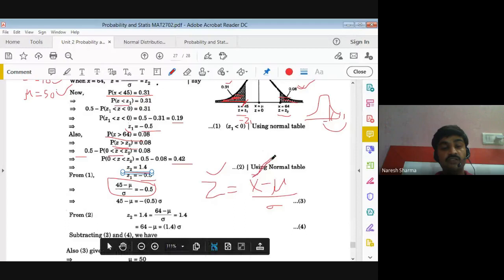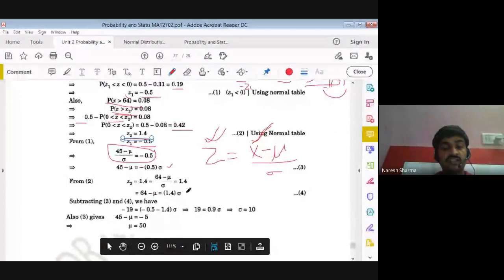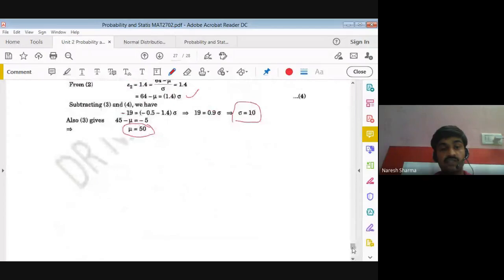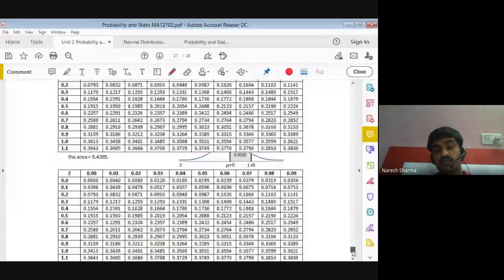Similarly, 64 and 1.4. Once you do that, you get the two equations, and you can simultaneously solve these two equations. You get the value of the standard deviation and you get the value of the mean, which is your required result. Hope it's clear. So okay, thank you. I'm stopping here.